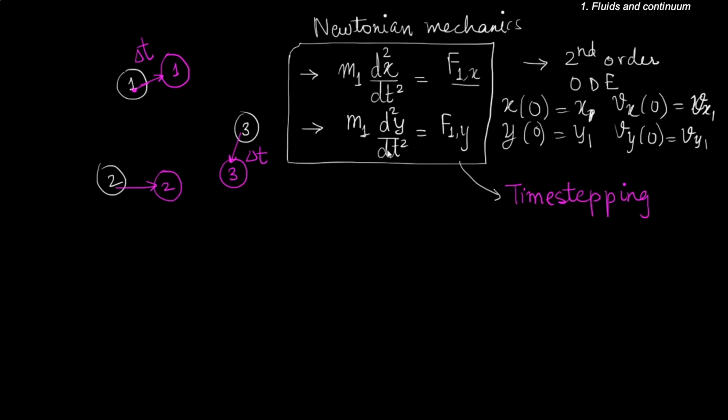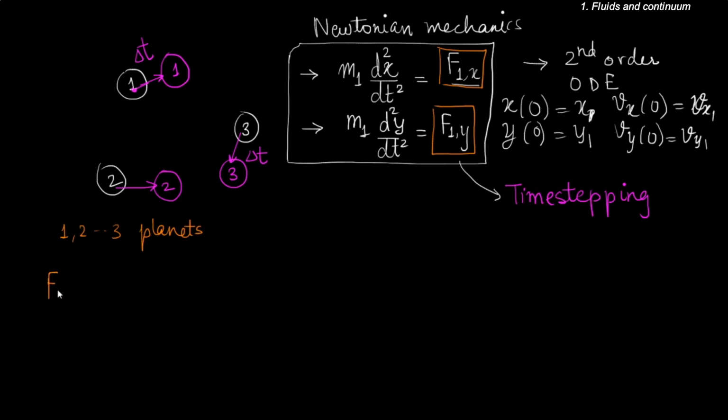So in order to achieve time stepping, we must first prescribe what the forces in the x and y directions are. If we consider 1, 2 and all these things as planets, what are the forces acting on planets?